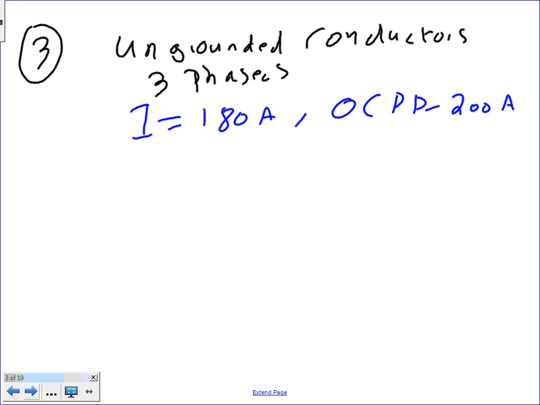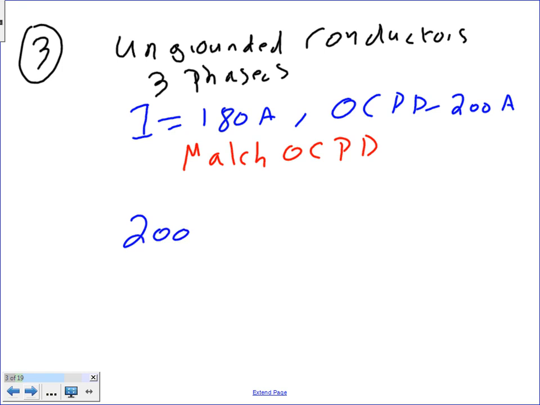Code-wise, I can size the conductor based on 180 amps. But good design is to match the overcurrent protection device. So I'm going to write here, match overcurrent protection device, 200.